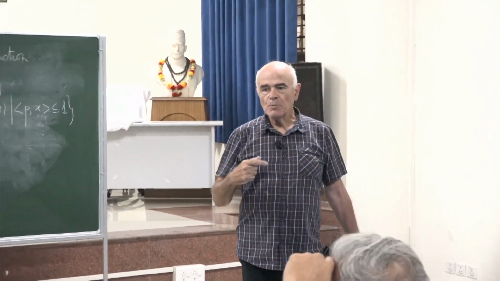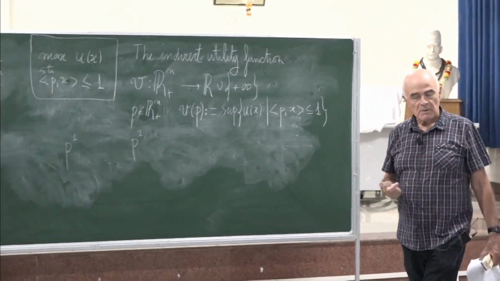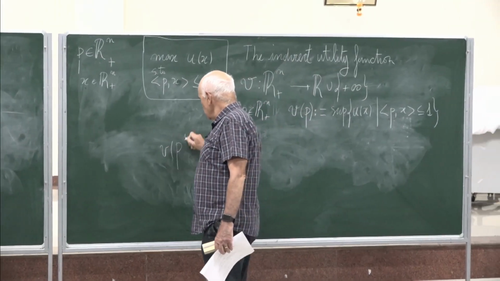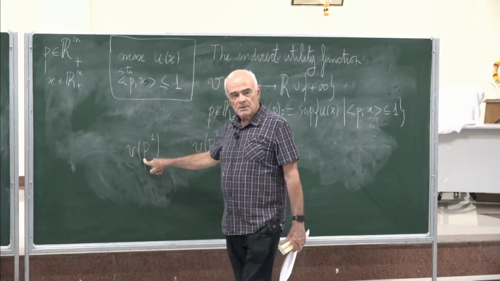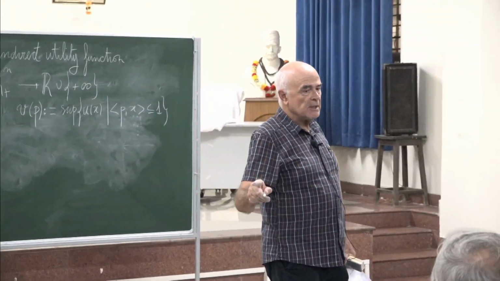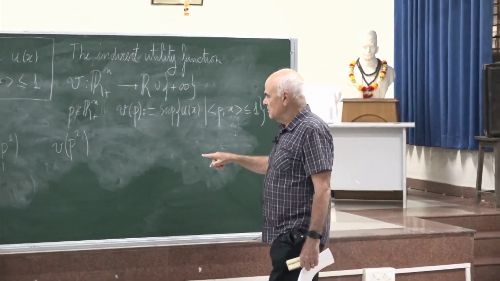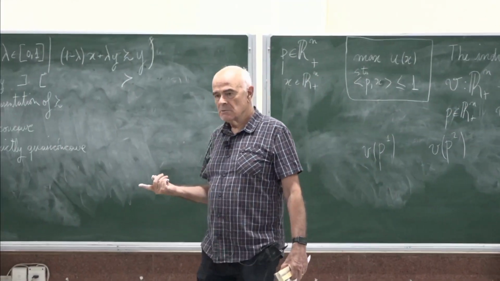To which supermarket are you going to shop today? Well, you will compare V of P1 with V of P2. V of P1 will tell you the largest utility you can obtain in supermarket 1. And V of P2 will tell you the largest utility you will get in supermarket 2.